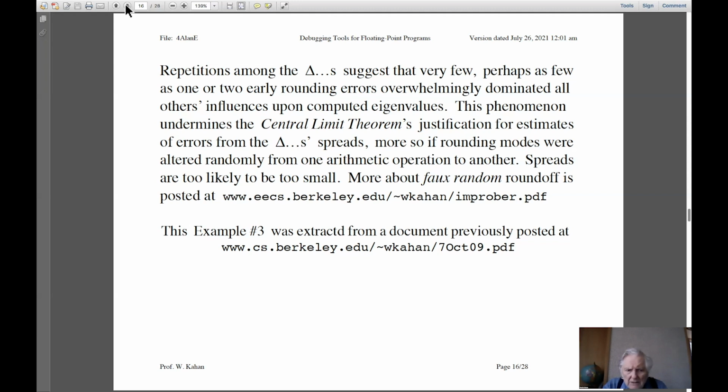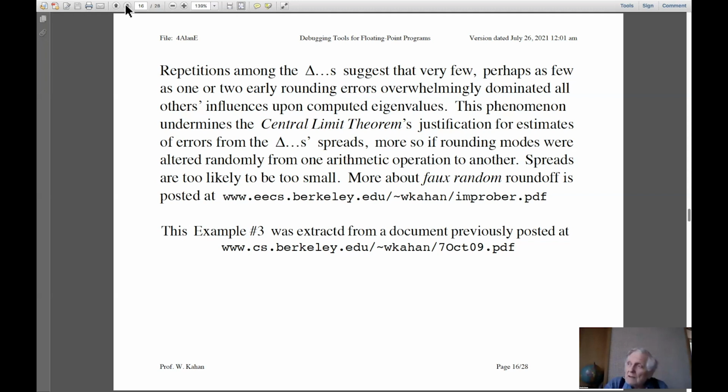The central limit theorem of statistics doesn't work very well with rounding errors that are randomly generated, because the way they're randomly generated is by choosing either to round up or to round down. I mean, if you really wanted to make them random, well, then you'd have to have a lot more bits.